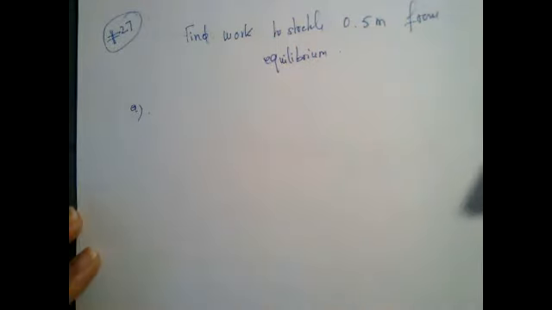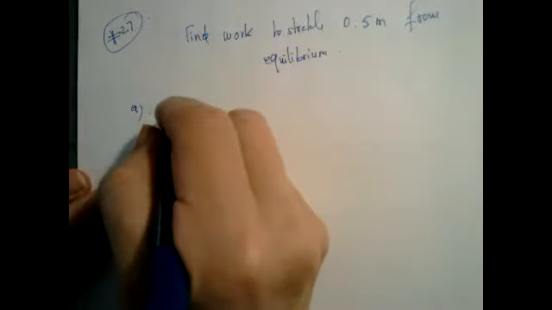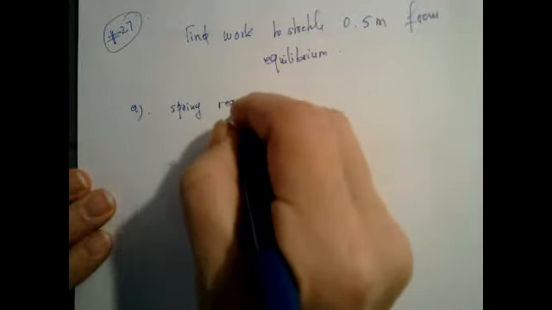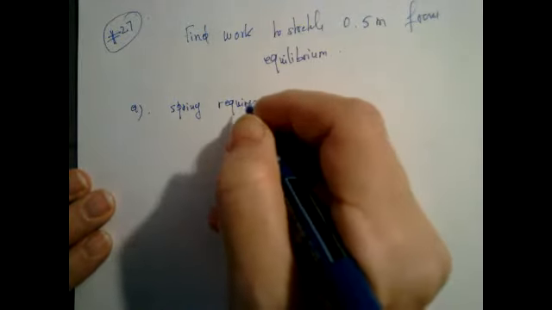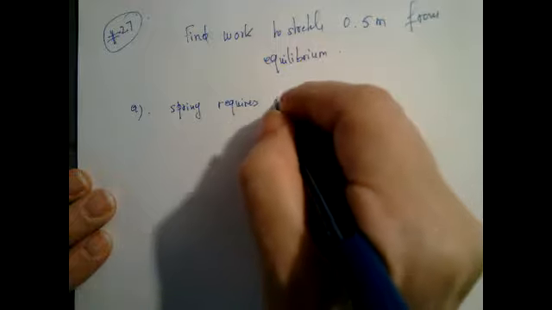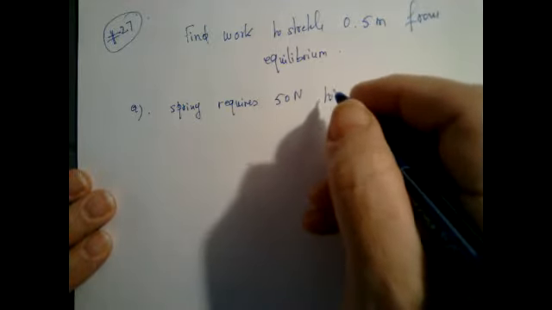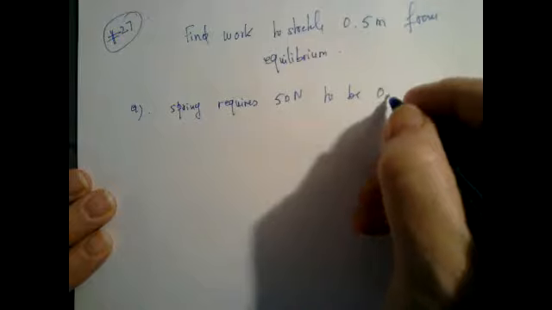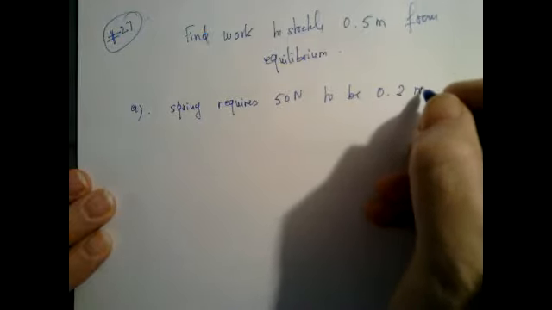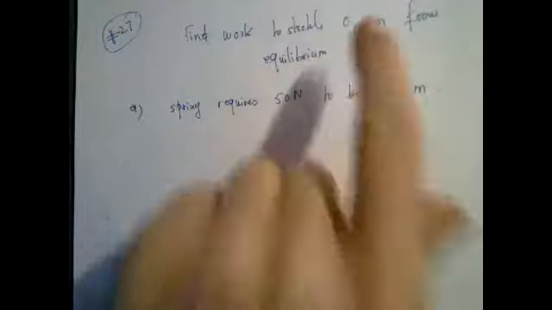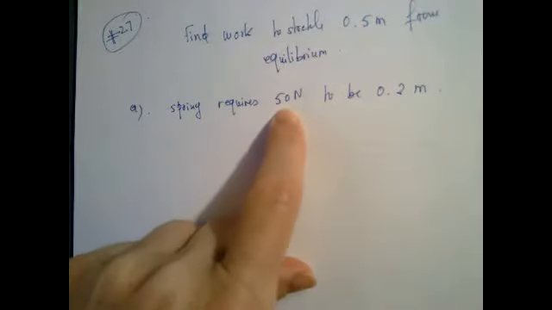Scenario number one: the spring requires 50 Newton to be stretched 0.2 meter from its equilibrium.